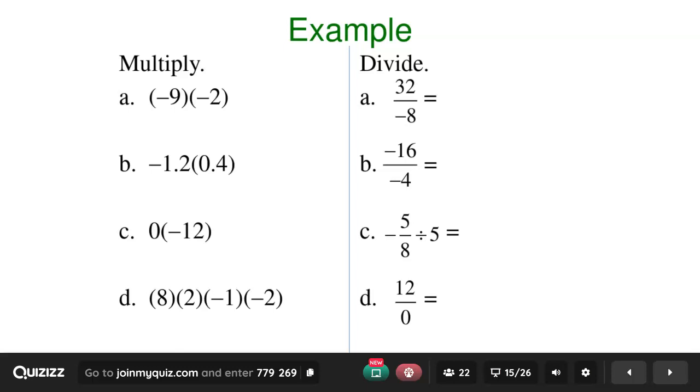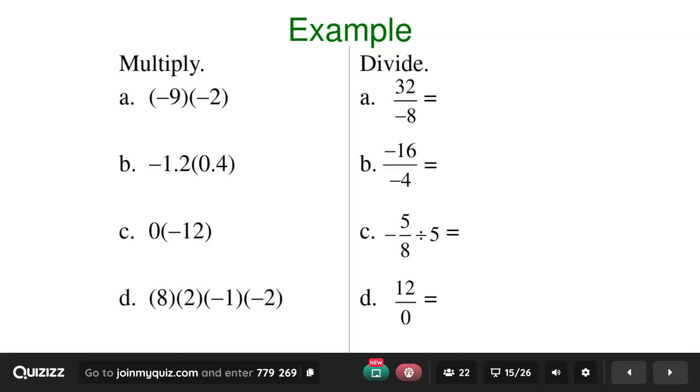If we add in more numbers to multiply, then we have to keep applying that rule every time we add in something new. Like example D on the multiply side, we had a positive product, and then when we multiply by -1, it becomes negative, but then when we multiply by -2, it becomes positive again. So we have to reapply the rule every time we have more than two numbers as part of our product and our quotient.